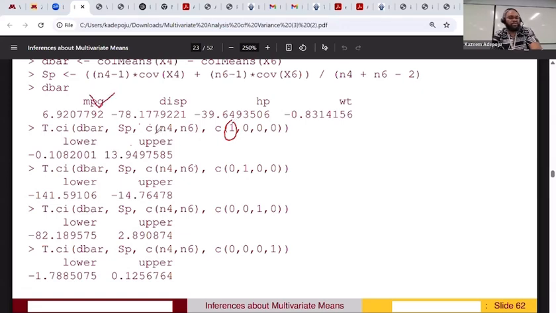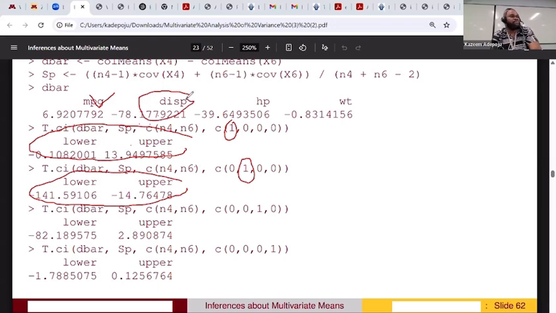This result is only for MPG, not for DISP, not for HP, not for WT. The second one is for DISP, not for MPG, not for the others. That's why you see zeros.